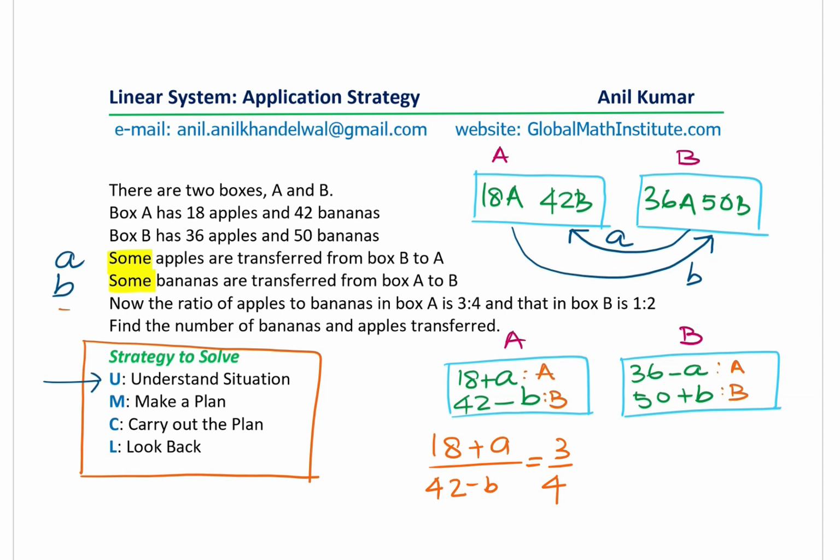Now the next statement: the ratio of apples to bananas in box B is 1:2. So in this particular case, it is going to be 36 minus A over 50 plus B, and this ratio is 1:2. Do you get an idea?